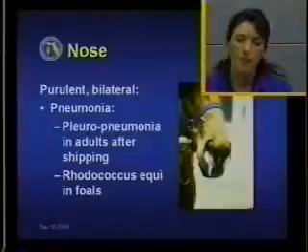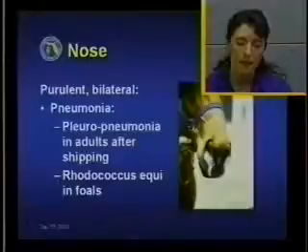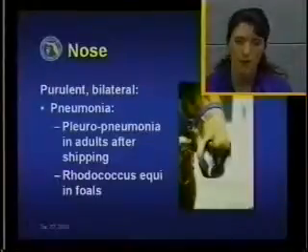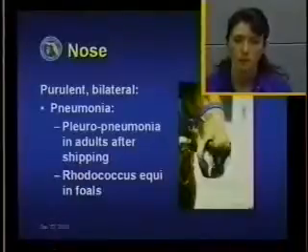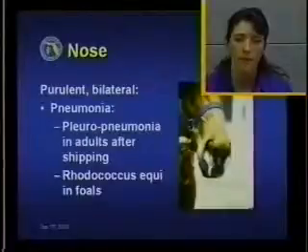Another factor is dehydration that prevents the mucociliary apparatus from functioning properly and getting rid of those particles once again. Another factor will be stress associated with long-distance shipping, especially in young horses that have not been shipped a lot in their life.